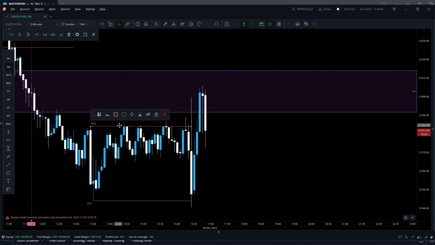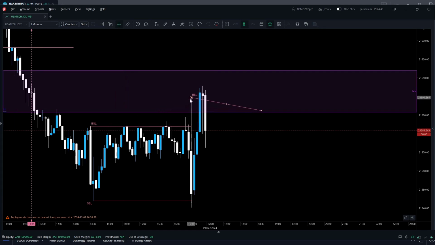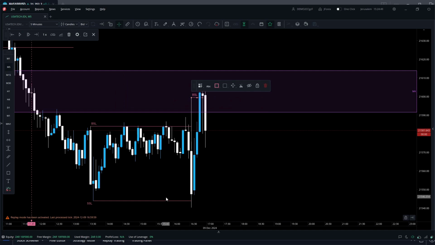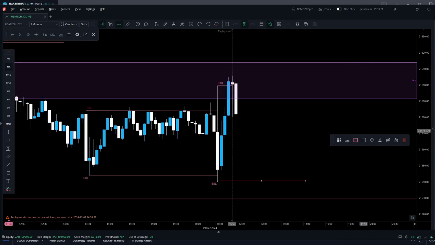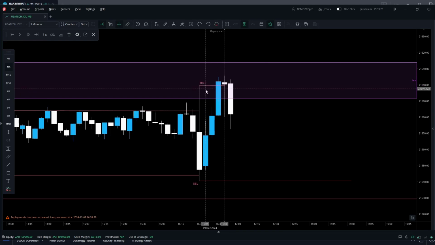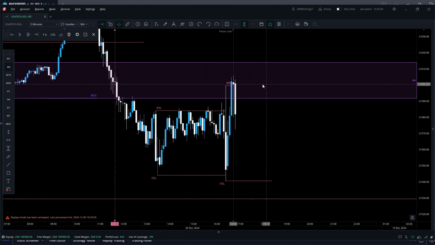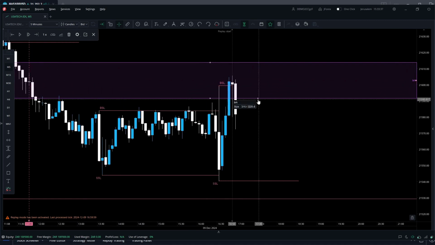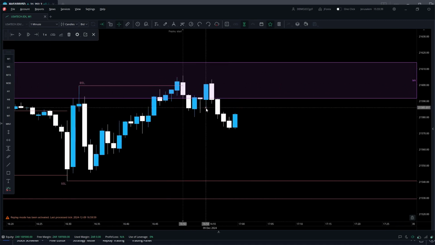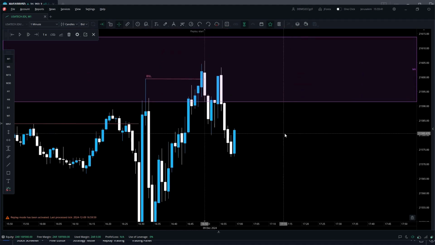Eventually make a new high and a new low, meaning we have new buy side and sell side liquidity. So as you see, after we break our buy side liquidity, but we don't displace, we know that sell side liquidity is next. So you can either enter on this sweep, because we know that we are expecting this breaker to hold, or you can wait for further confirmation on the 1-minute.